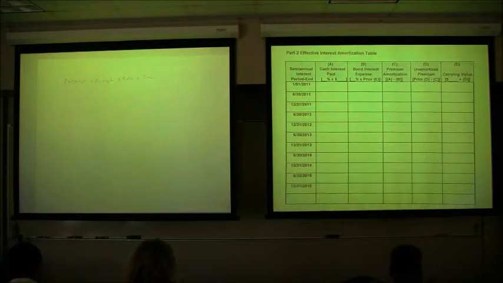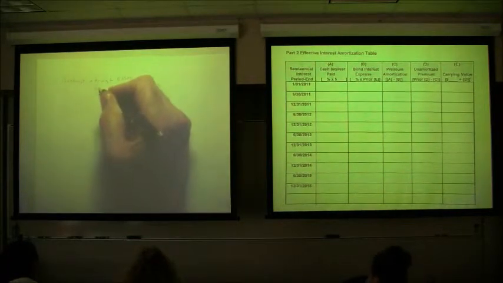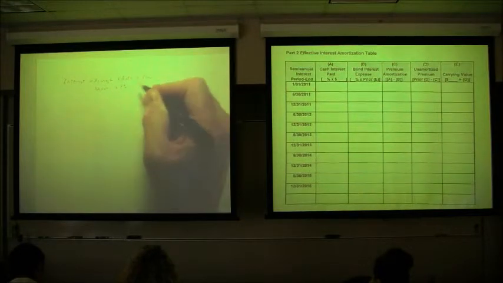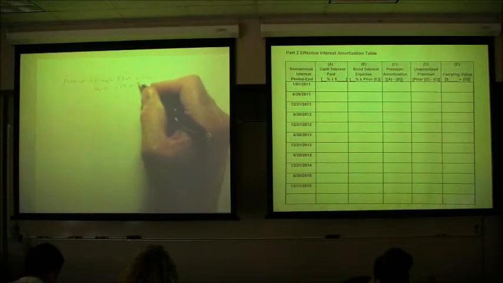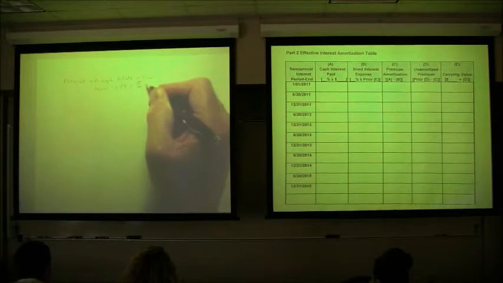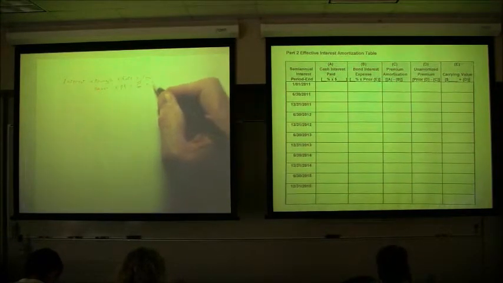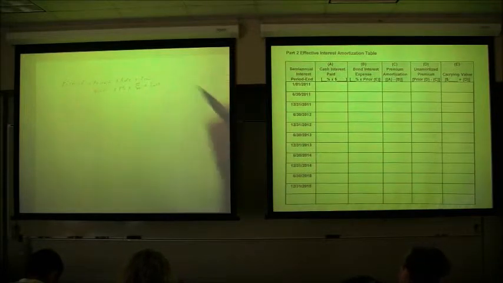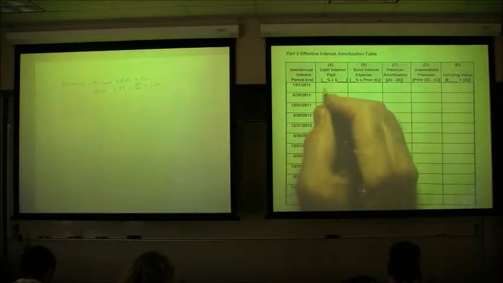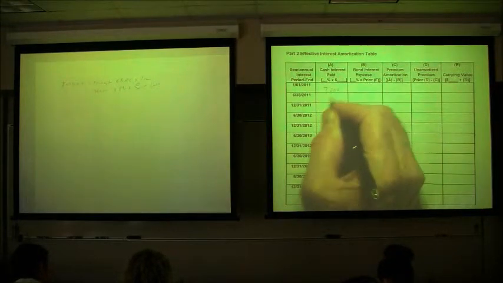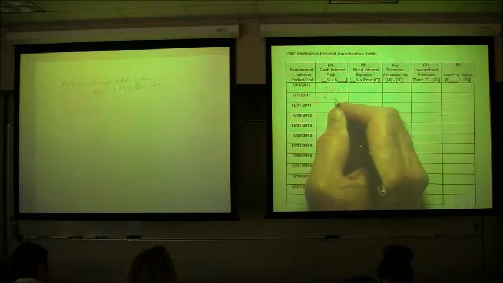So in this case, it's $160,000 times 9% times 180 over 360. That comes to 7,200. So every 6 months, they're going to send $7,200 of interest to the bondholders.